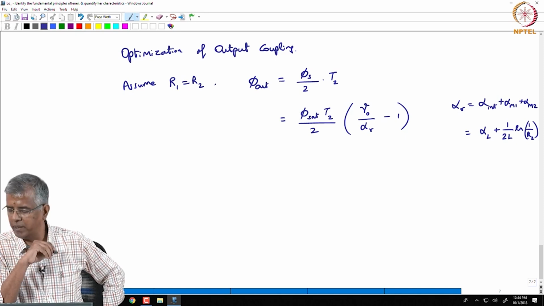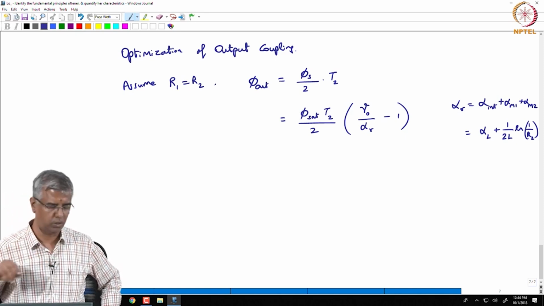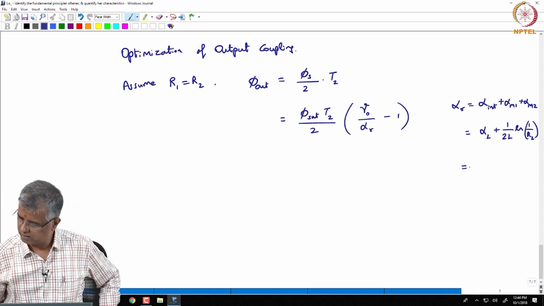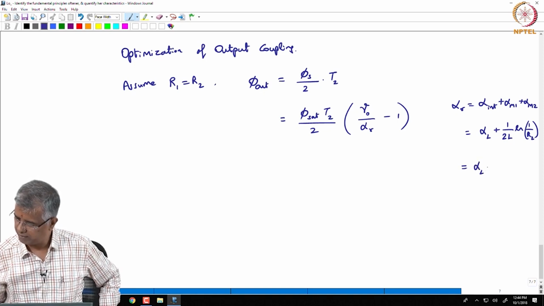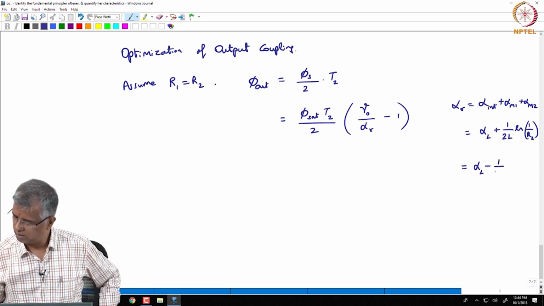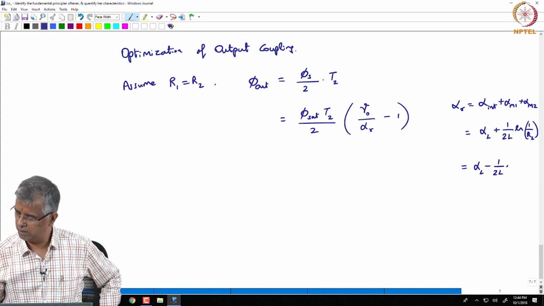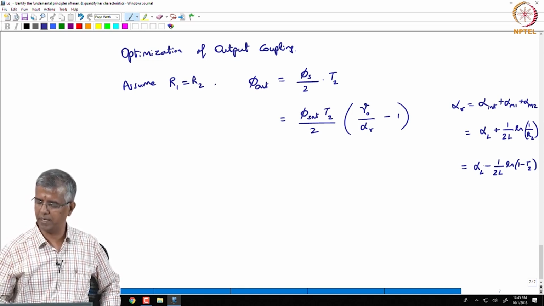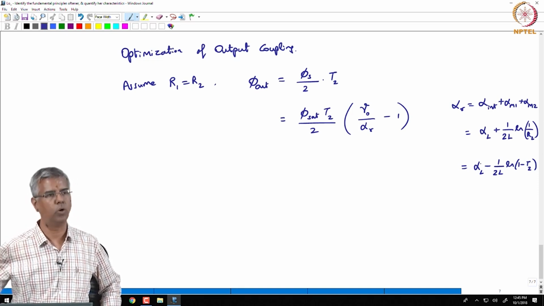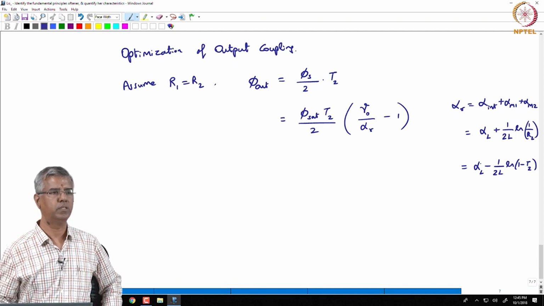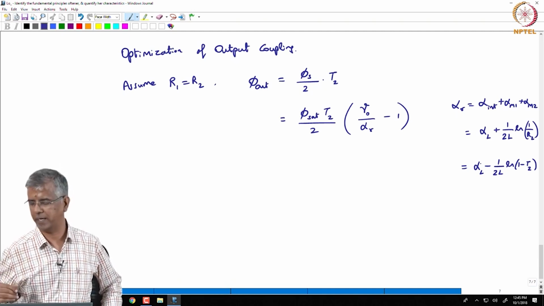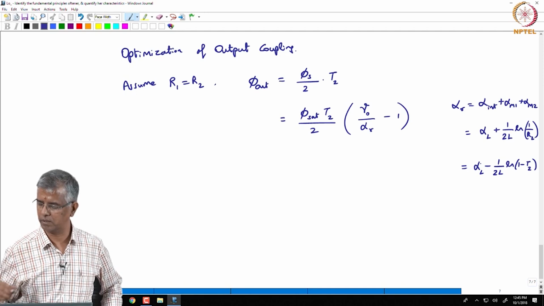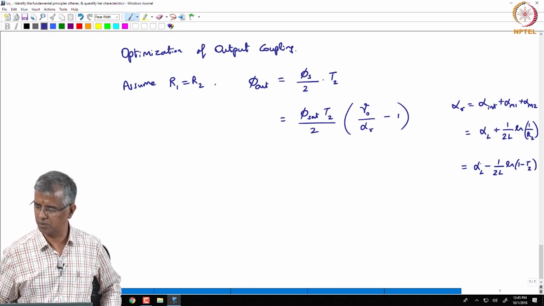And R2 I can write as 1 minus T2. So, I can write this as alpha L minus 1 over 2L ln of 1 minus T2. Why do I get a minus sign over here? Because it is ln of 1 over 1 minus T2, which I have taken as ln of 1 minus T2, in which case a minus sign comes outside.